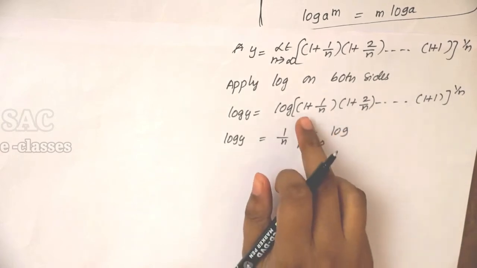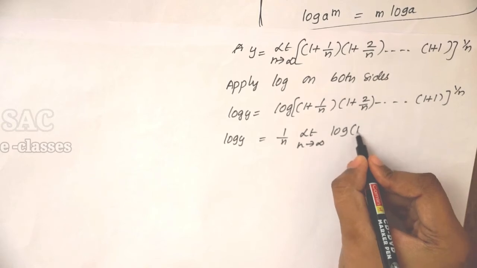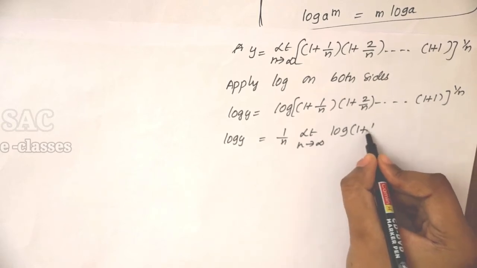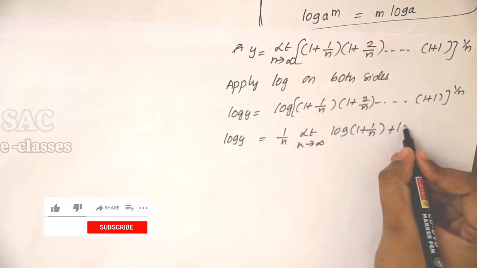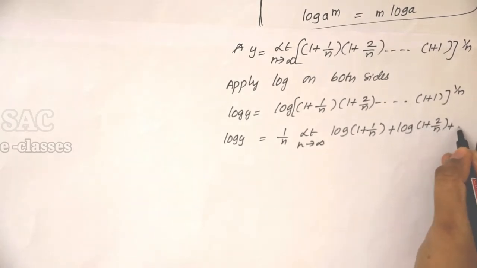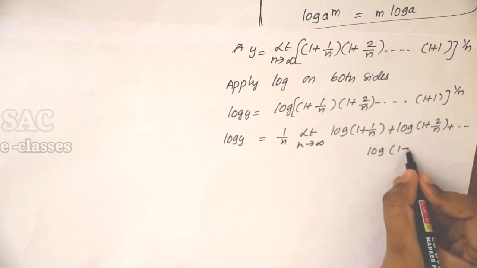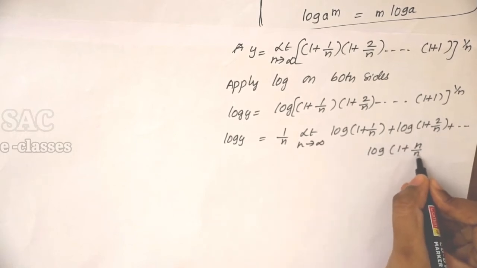We know that log ABC can be written as log a plus log b plus log c. So log of 1 plus 1 by n plus log of 1 plus 2 by n plus and so on, log of 1 plus, I am writing it as, n by n.